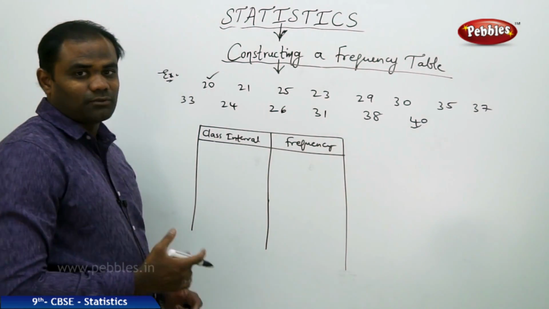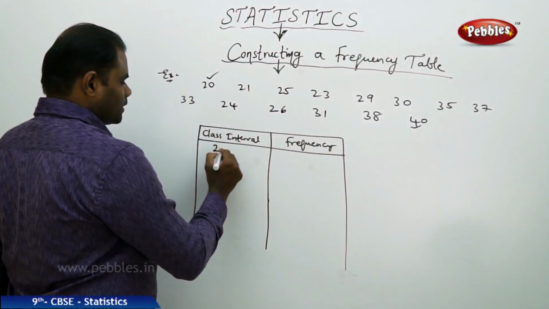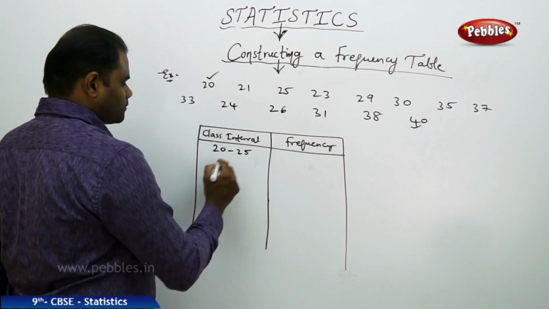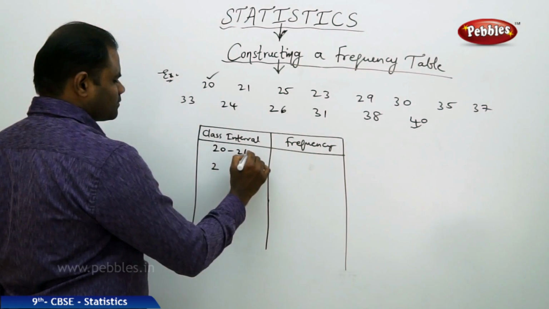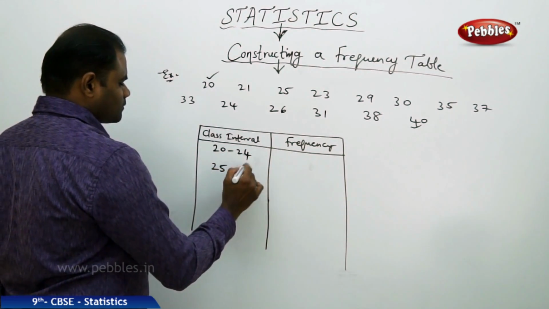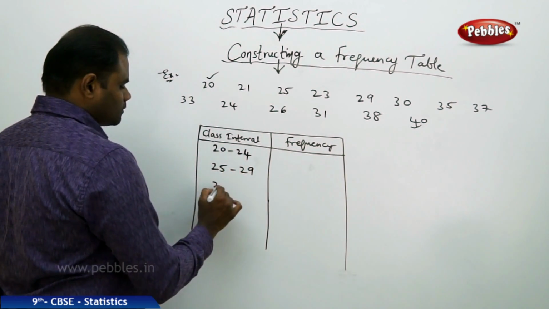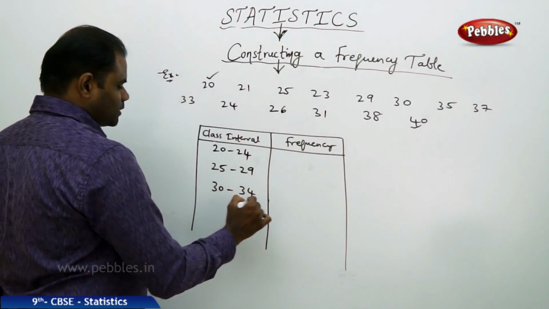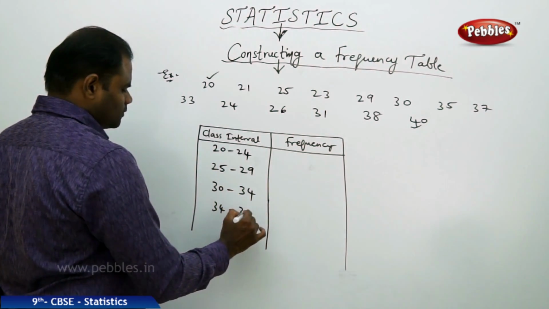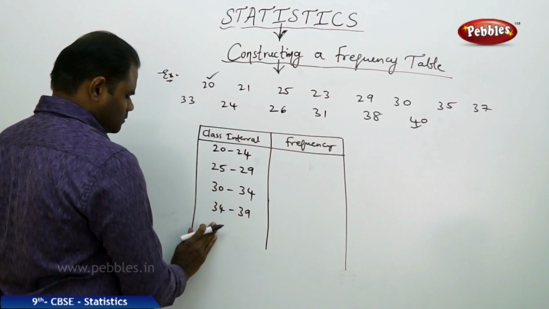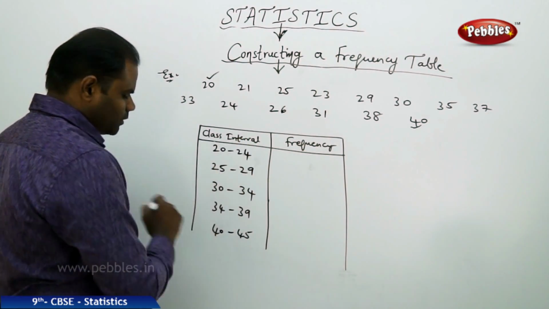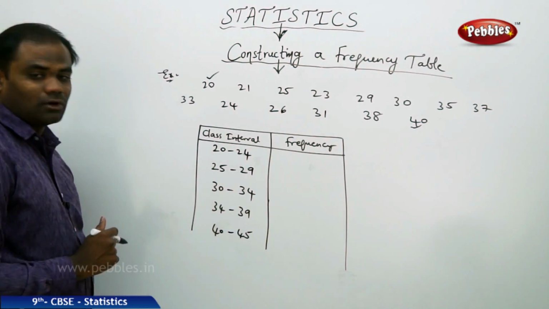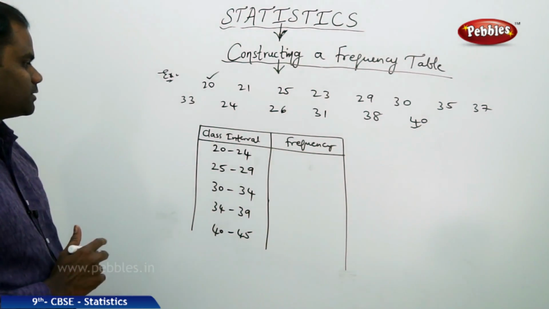So between 20 and 40, we try to classify as 20 to 24, 25 to 29, 30 to 34, 35 to 39, and 40 to 45. That's how we understand the classification here.